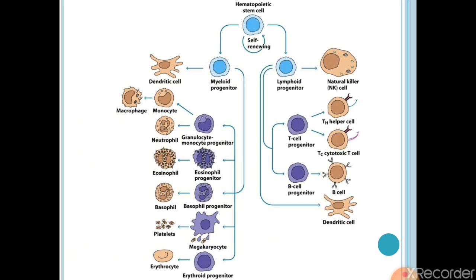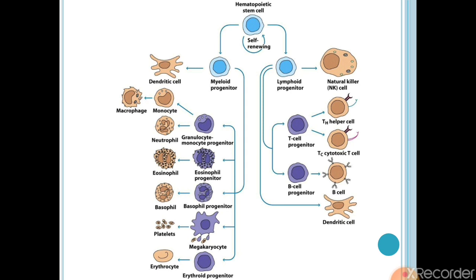Now the lymphoid progenitor can give rise to different types of lymphocytes. Number one is the natural killer cell, which is shown as NK cells, or it can give rise to dendritic cell. And then we have the T cell progenitor and a B cell progenitor.